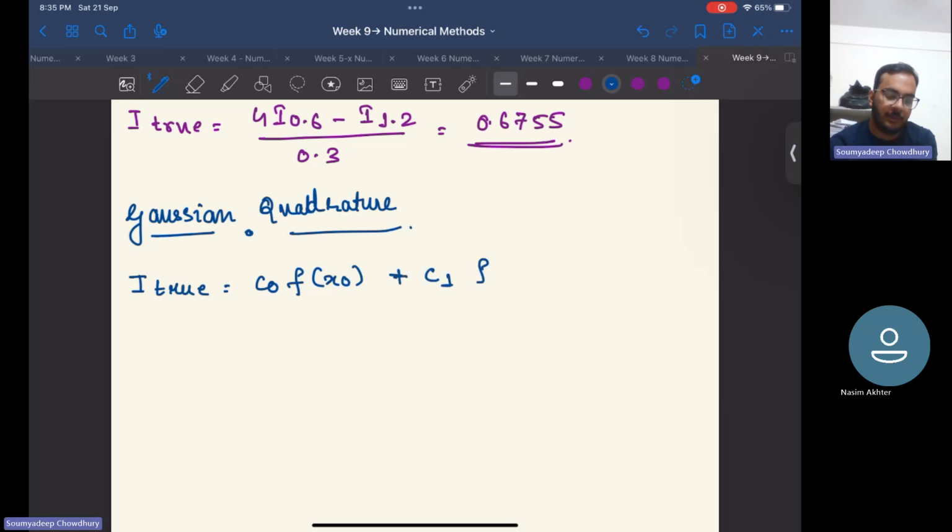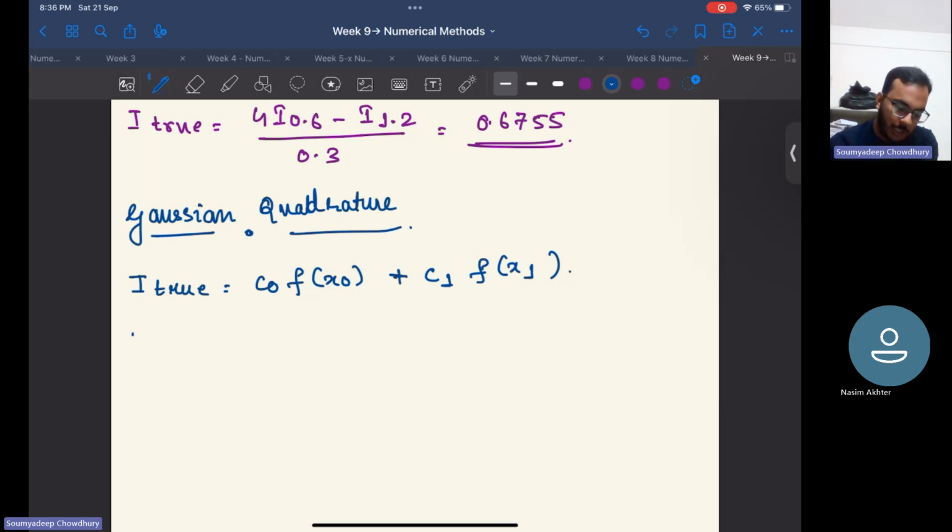I'll tell you what these variables are. Any function here is f of x, the integral. So basically we are trying to find some coefficients c0 and c1 and two values x0 and x1 such that this true integral can be represented in this form, that is, c0 f of x0 plus c1 f of x1.